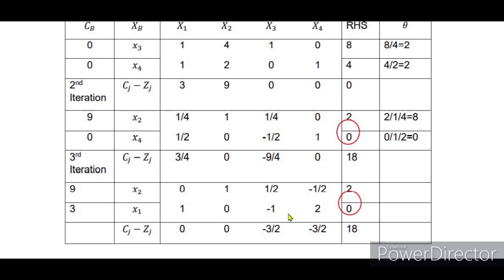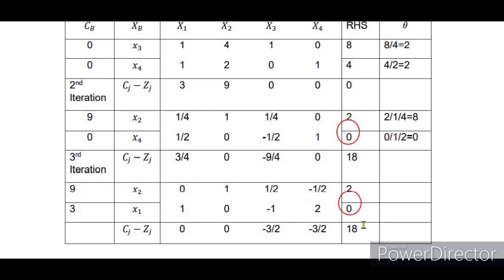So 1/4 minus negative 1/4 is positive 1/2. Okay, so next, 2 times 1/4 is equal to 1/2. Okay, so the previous value is 0. So 0 minus 1/2 is equal to negative 1/2.